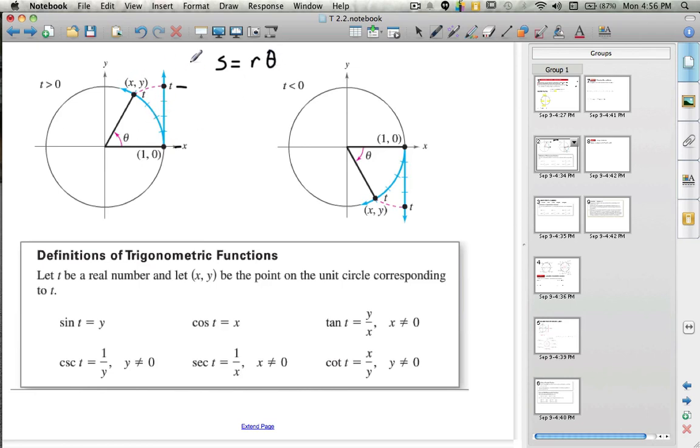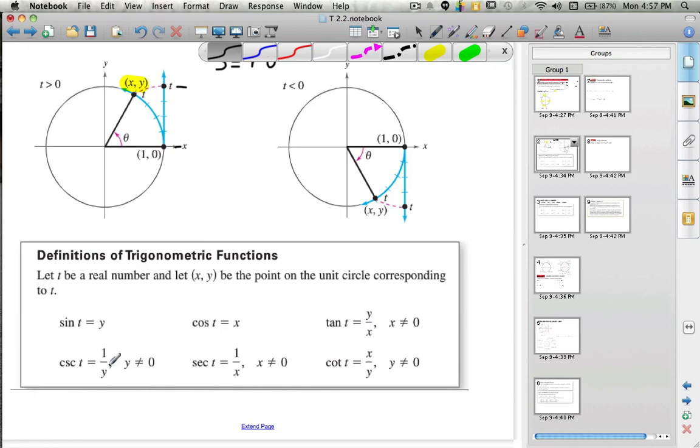But also from this point here, we can calculate a number of different trig functions. For this angle, the sine of the angle would be equal to the y-coordinate, the cosine would be equal to the x-coordinate, and tangent would be y over x.